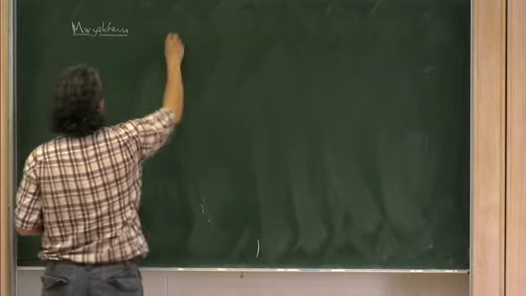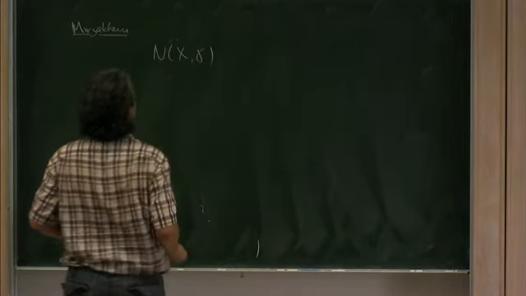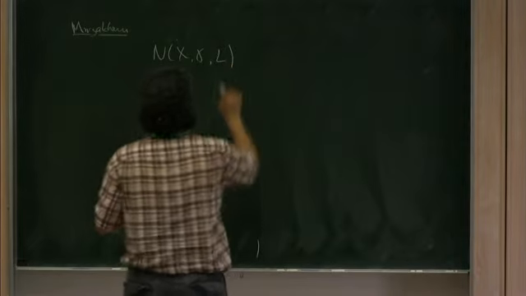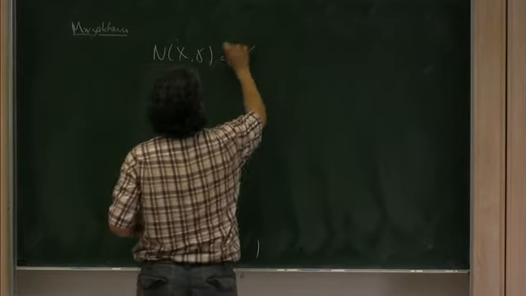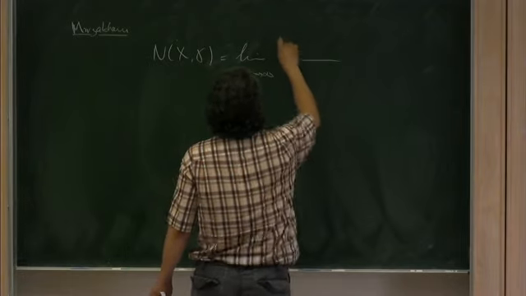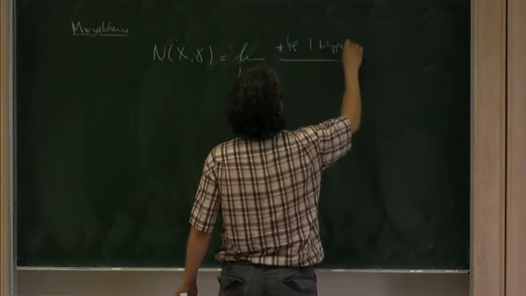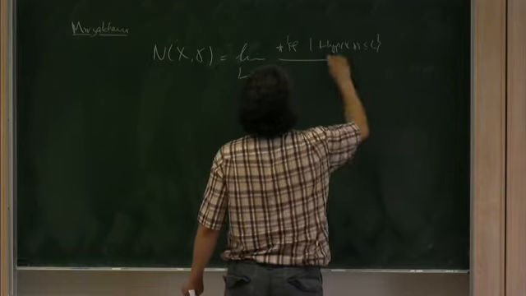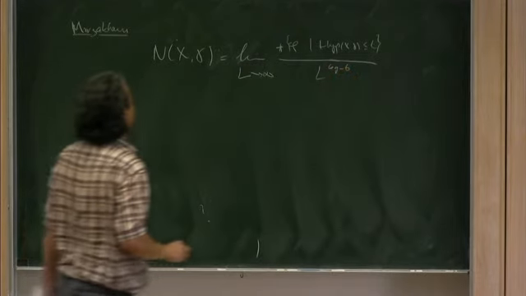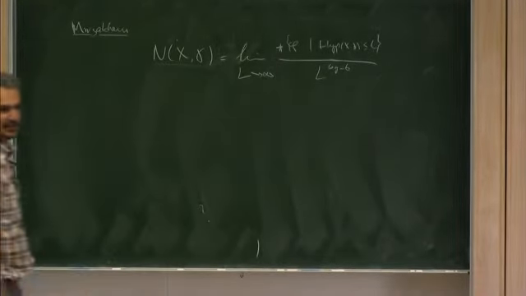She showed that if I define n_X(gamma), the limit as L goes to infinity of the number of phi's where the hyperbolic length of X at gamma is less than or equal to L, divided by L^(6g-6), is the number that we are interested in, which is the constant associated with that.